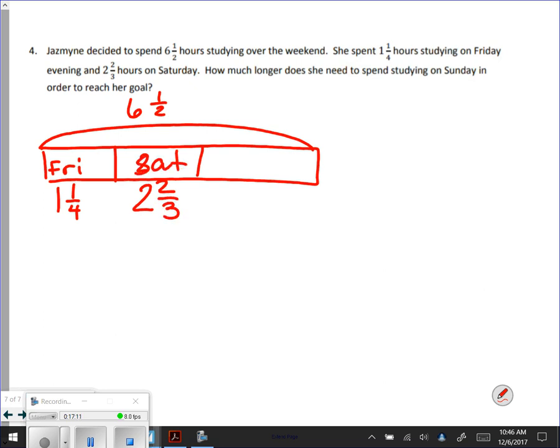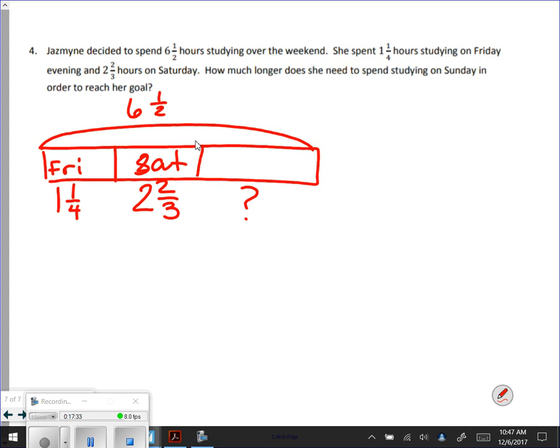How much longer? Oh, this is a multi-step problem. How much longer does she need to spend studying on Sunday in order to reach her goal?